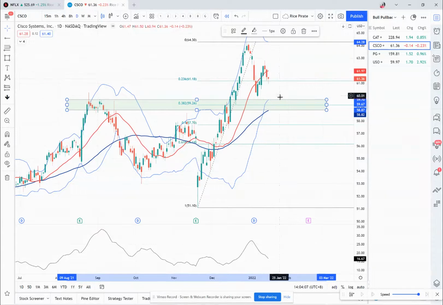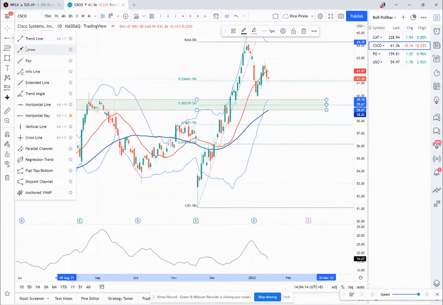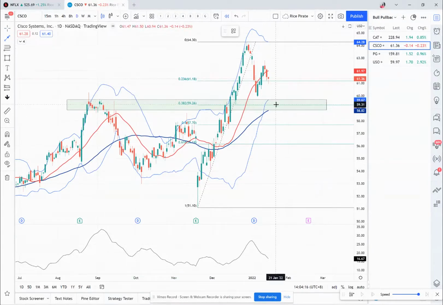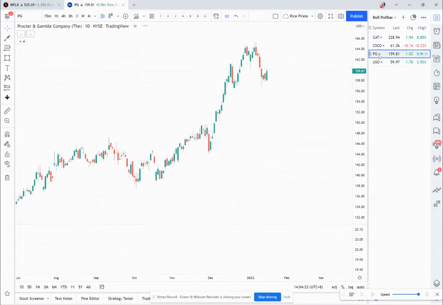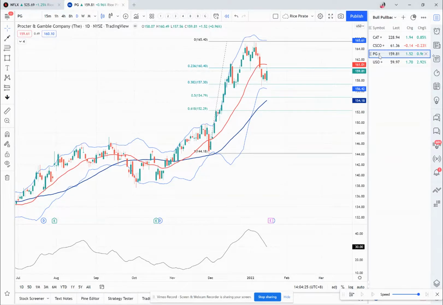So if we came down into this region and showed a little bit of a confirming candle up, I'd be looking at taking this thing up. I don't think it's ready yet, but on a confirming candle, I would be willing to take that thing up. So that's another potential candidate.